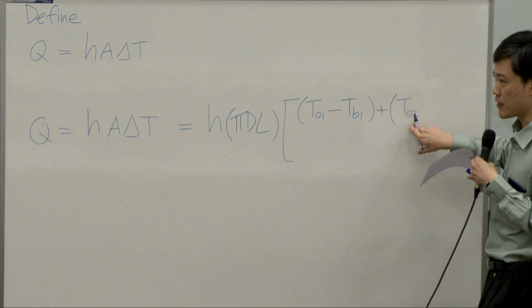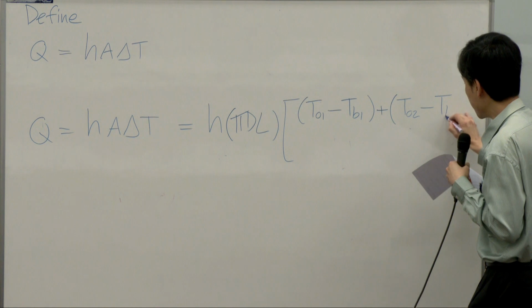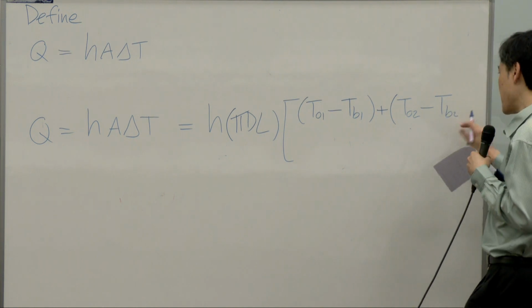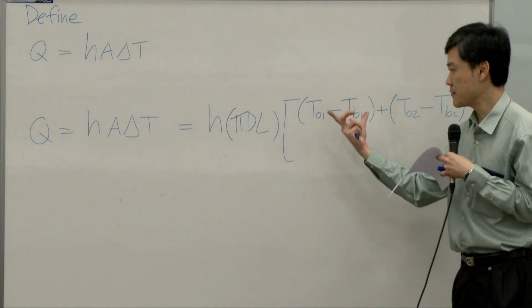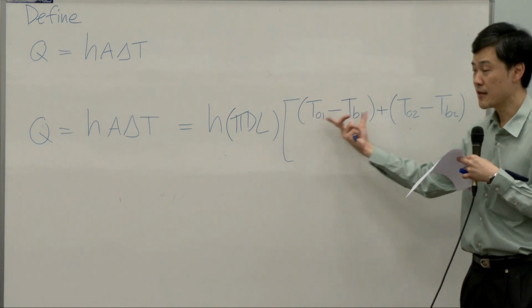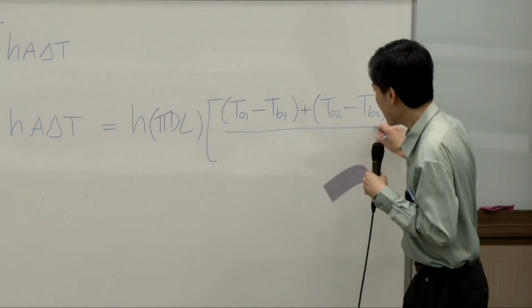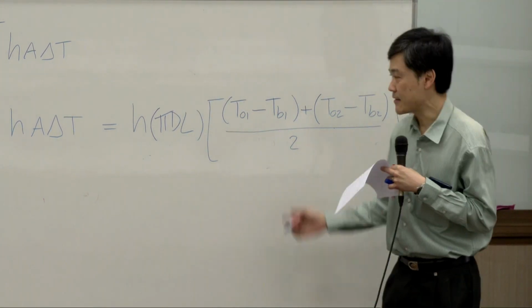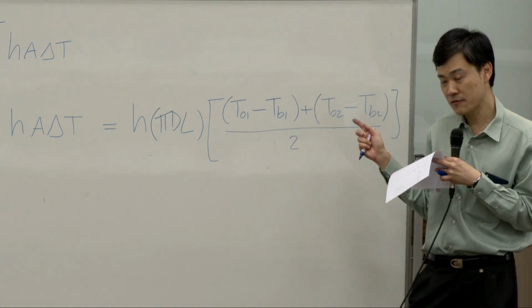T02, that's the wall temperature at the end of the pipe, subtracted by TB2, which is the bulk temperature at the end of the pipe. So this is the driving force at the beginning. This is the driving force at the end. You add them up, divided by 2, so that the whole thing here is the average driving force. Okay?